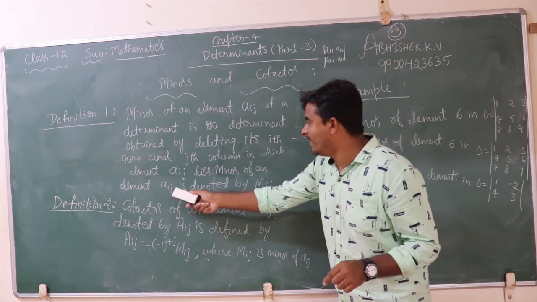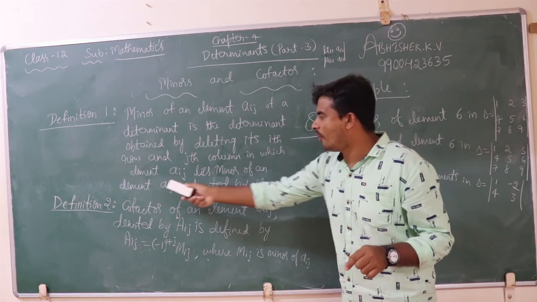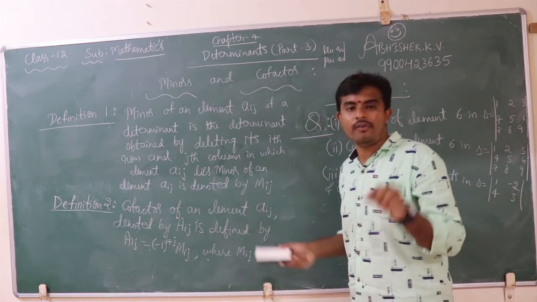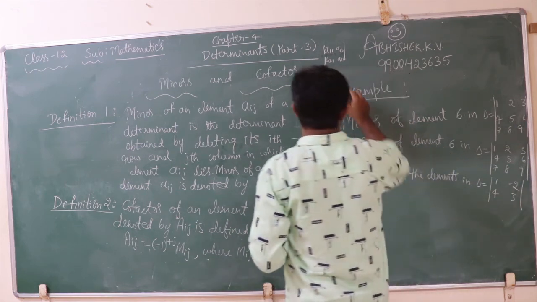Minor of an element Aij is denoted by capital M suffix ij. Is it clear? Now I move on to the example.